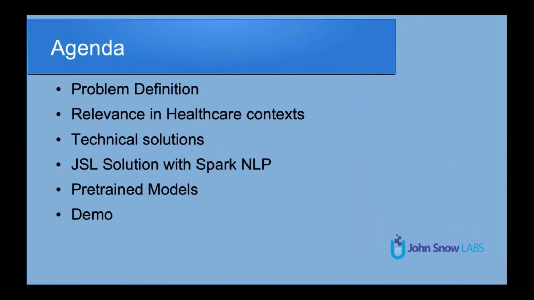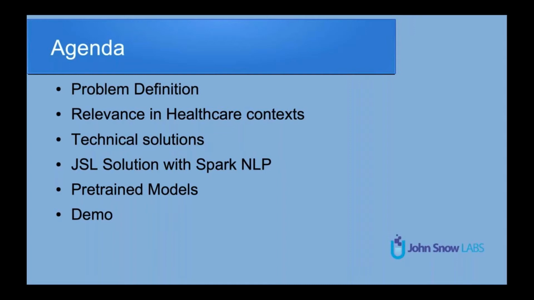In this presentation, we're going to go through the actual problem definition, its name, its scientific name. Why is this relevant in the healthcare context? Why is solving this problem relevant at all? We will find next some technical solutions and discuss a little bit of the technical aspects of this mapping.